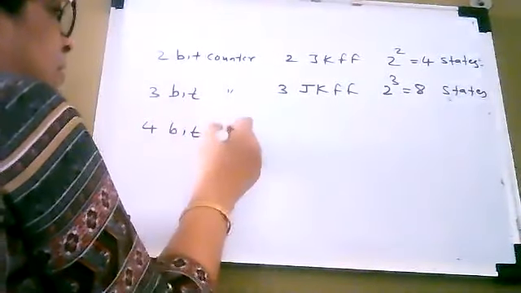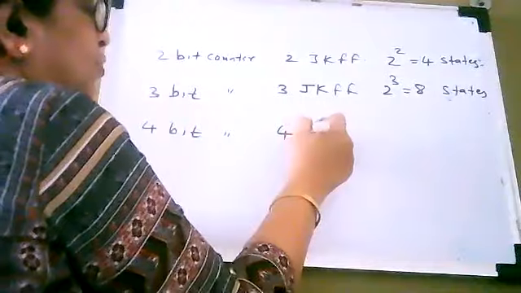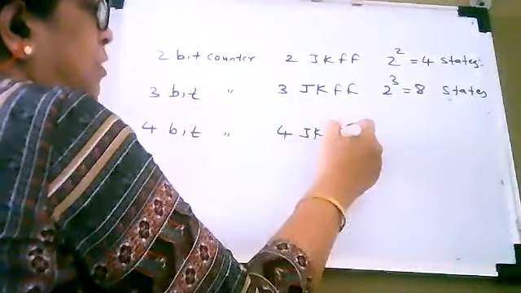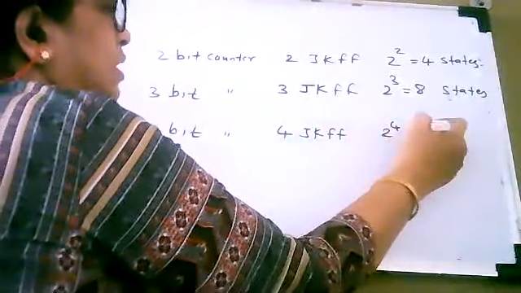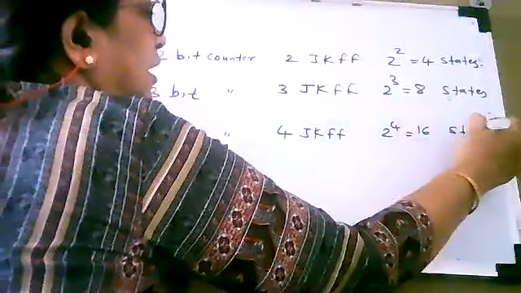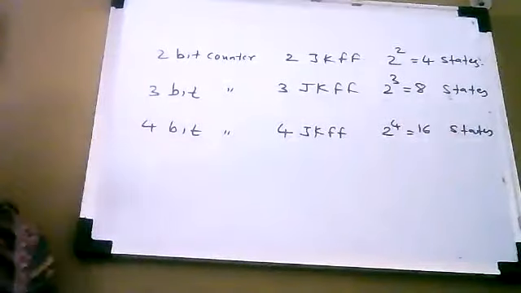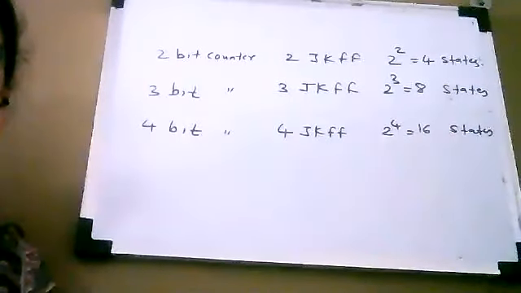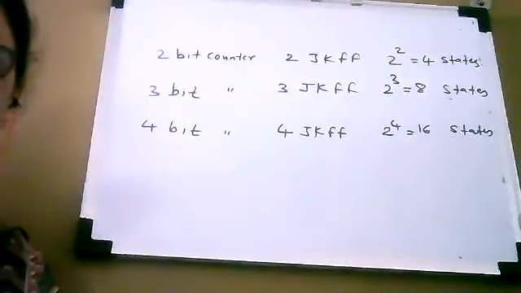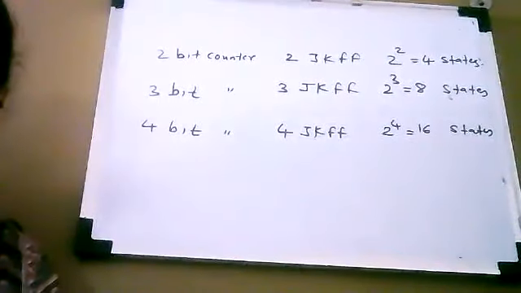And a 4-bit counter has to use 4 JK flip-flops, and 2 raised to 4 equal to 16 states it can count. So take a screenshot of this or write it in your notebook because this is very important.